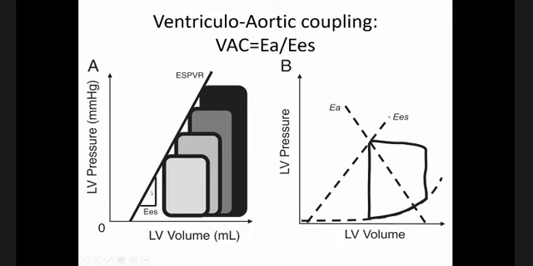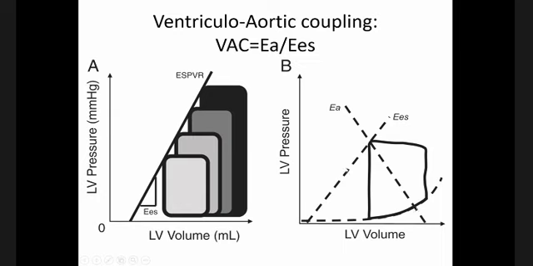So this, like we said, is the end systolic pressure volume relation. And this gives you what is called the elastance at the end systole. So this is a measure of the cardiac contractility. And then there is something called the elastance of the aorta. This is the LV end systolic pressure divided by the pulse pressure.